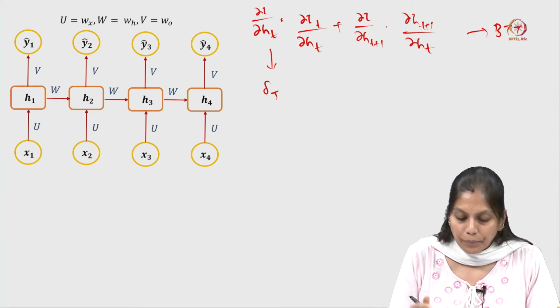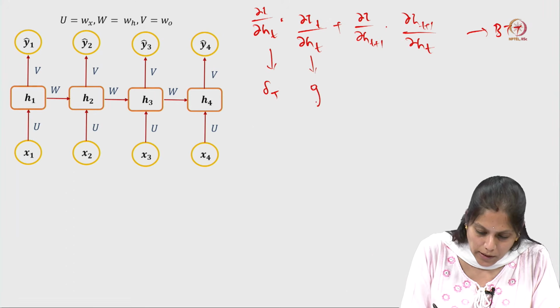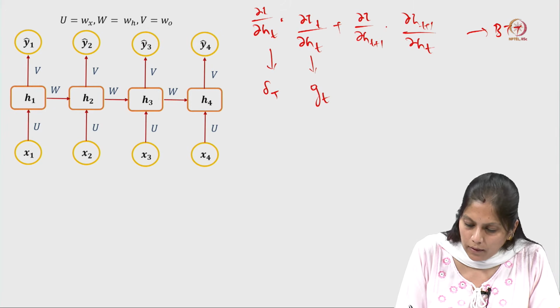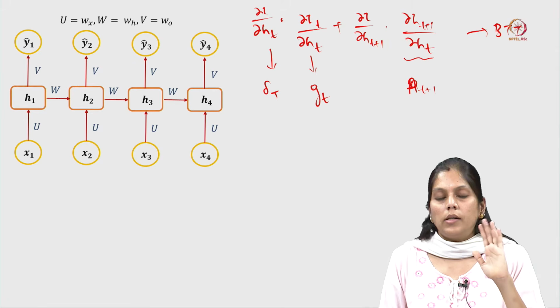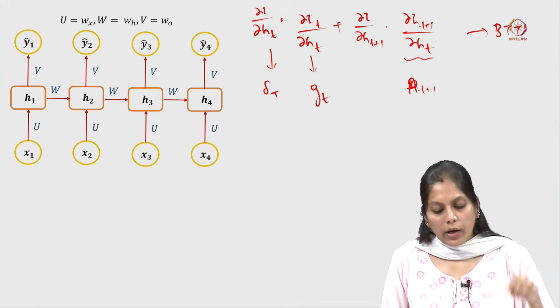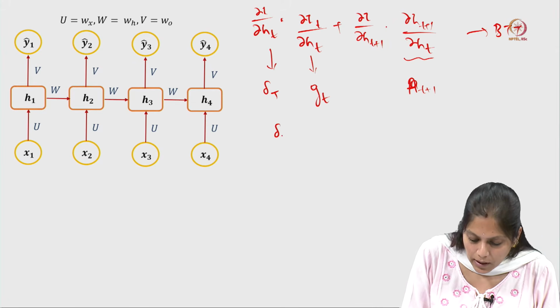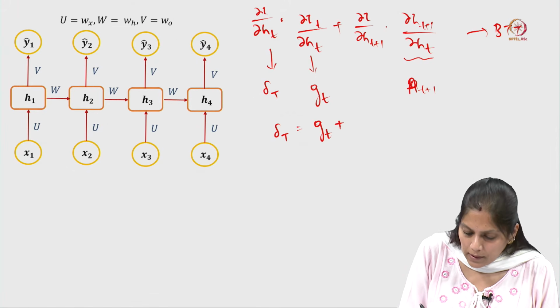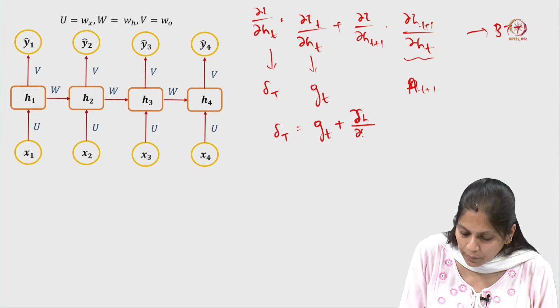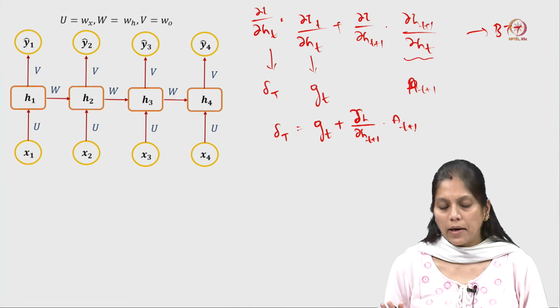Just for simplicity, can we write this as G t? If the derivative of loss with respect to h t plus 1, I am writing it as A t plus 1, it is just a shorter notation. So, can we now write the same equation as: delta t is equal to G t plus the derivative of loss with respect to h t plus 1 times A t plus 1, right? Can we write it in this way?